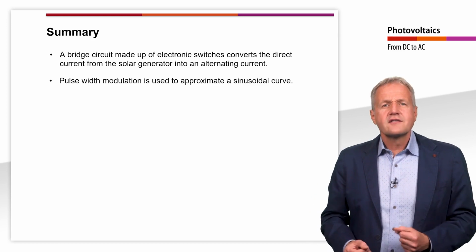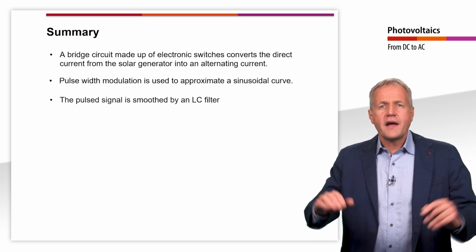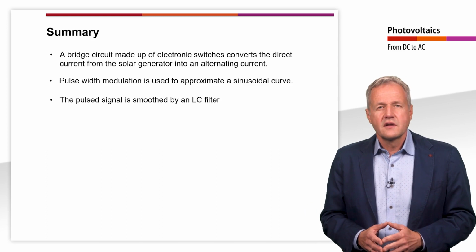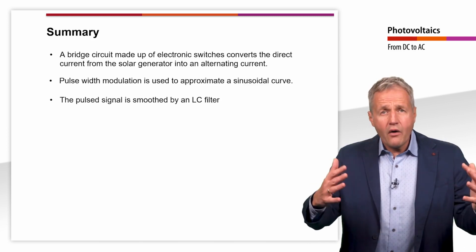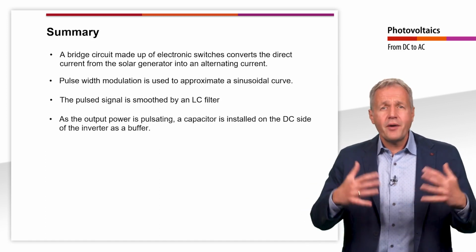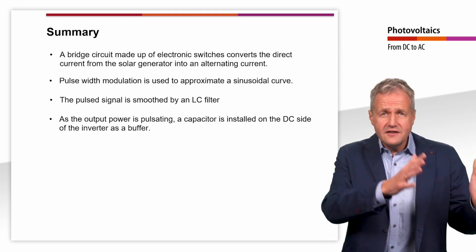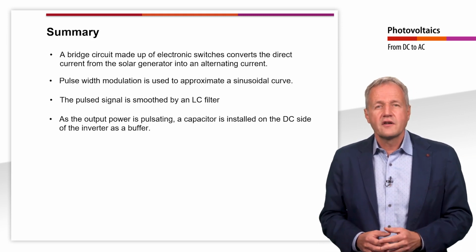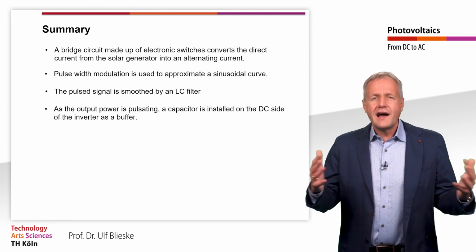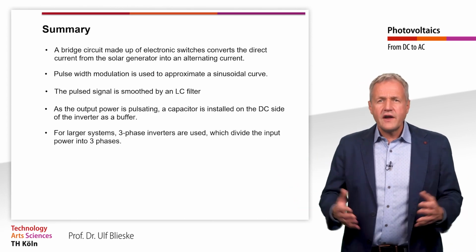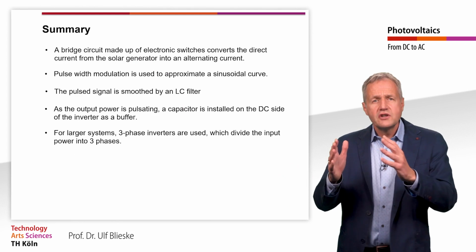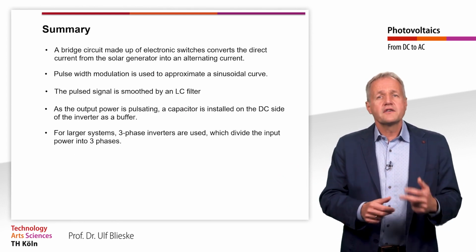The pulsed signal is smoothened by an LC filter. Since the output power is pulsating, a capacitor is installed on the DC side of the inverter as a buffer. For larger systems, three-phase inverters are used, which divide the input power into 3 phases.